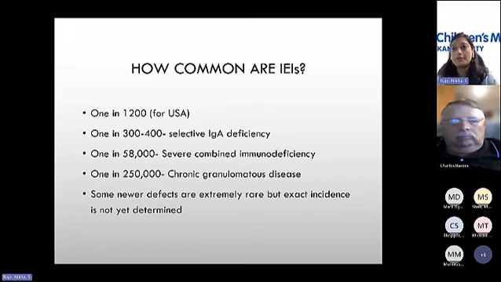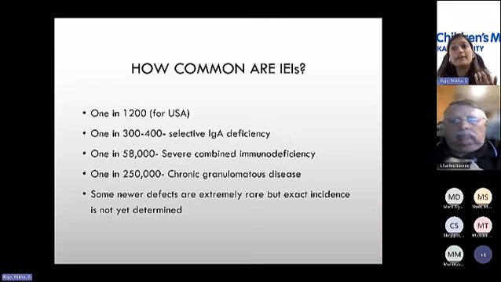We know that these are all rare disorders. In 2007, researchers did a population survey, which means they called up general people and asked if they have an immune defect. 1 in 1,200 replied that they have an immune defect. That was a very rough estimate, but that was the best we had at that time.